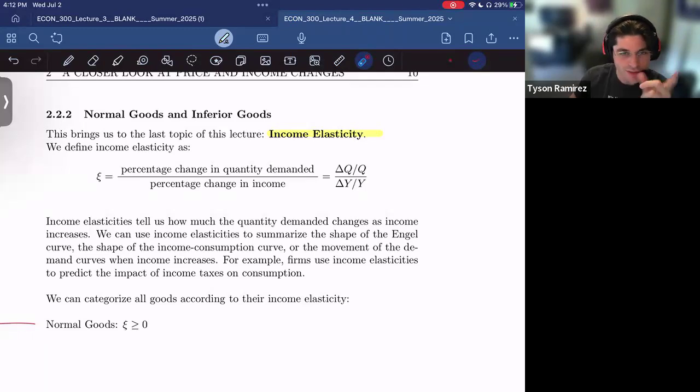I just have a few more things to say. I'm going to put it in the next lecture, and that will complete the demand side. And then we're going to start on the firm side, the whole supply side of things. The last thing we want to do is concretize the difference between normal and inferior goods.